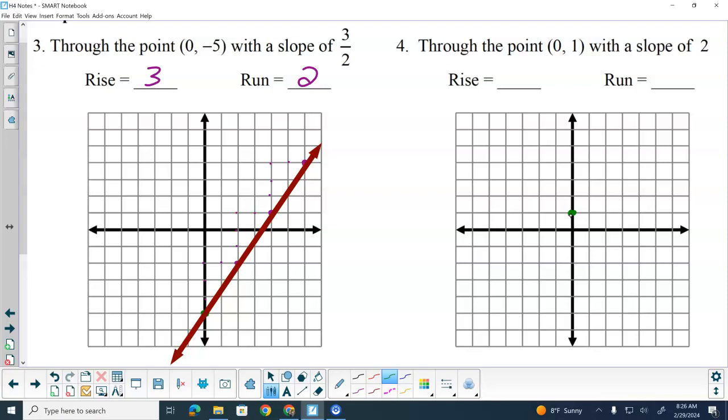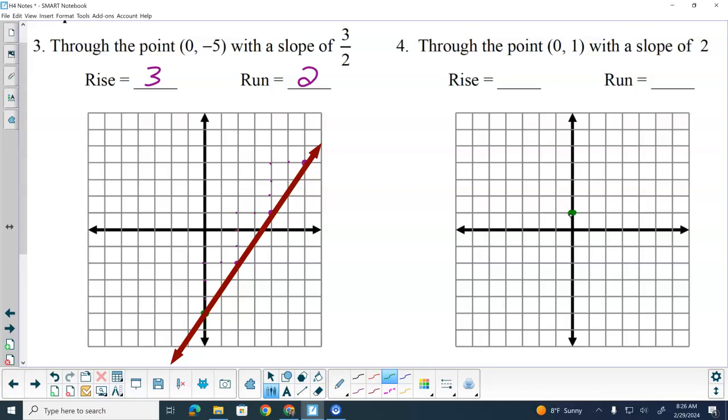Let me ask you a question. So far, all of our slopes have been in what form? Fraction form. 2 is not in fraction form, right? How can I make it be a fraction? Can I put it over? 2 over 1, right? Yep.